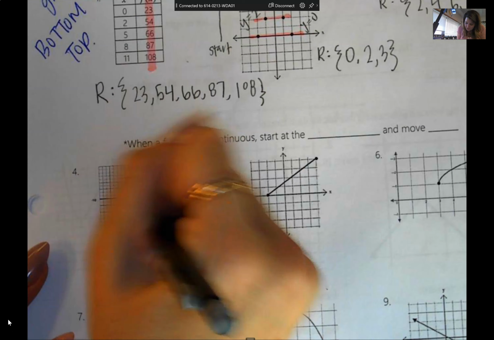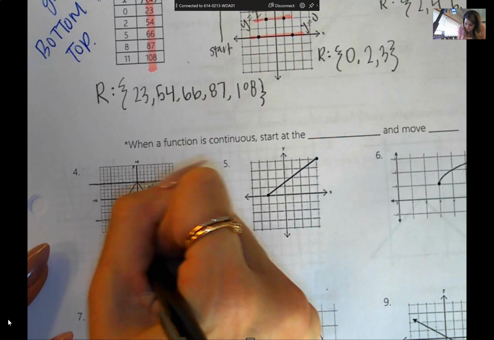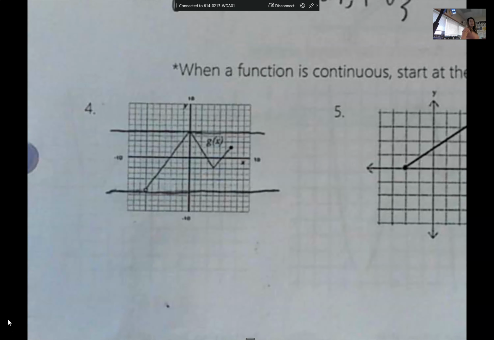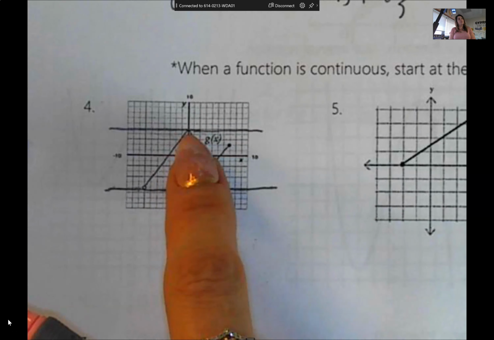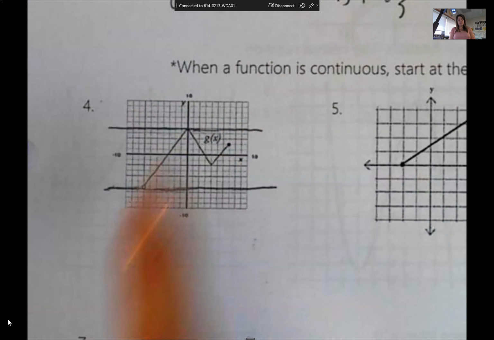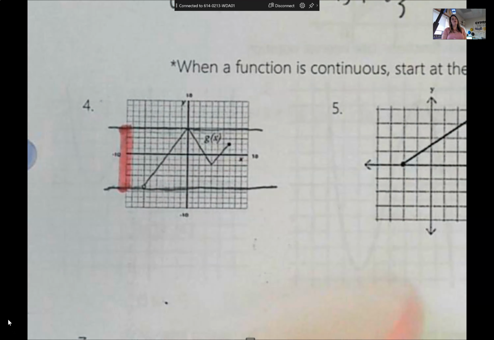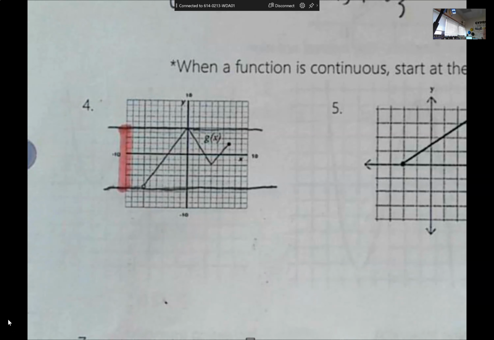So if I draw a line at my lowest point and my highest point on this graph, I've drawn a line at my lowest point, this open dot, and at the tip of this triangle. This is the lowest point, this is the highest point. Then your range is the values that it goes from. So the range is what I have highlighted in pink.